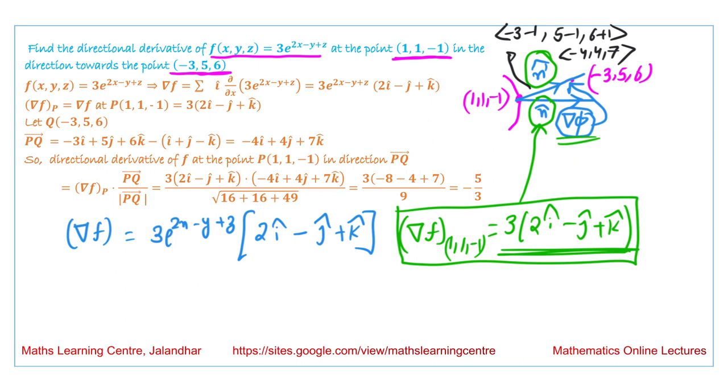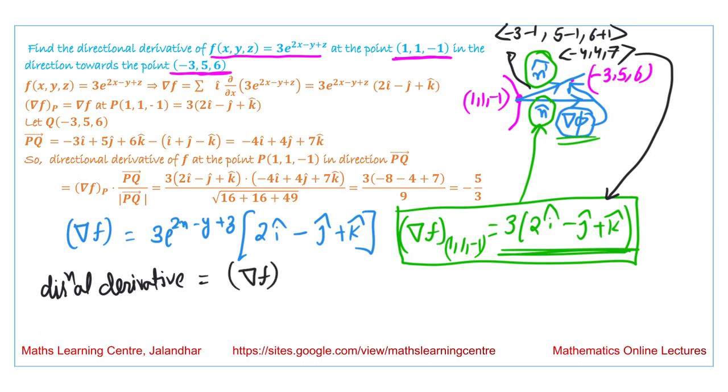The projection of this gradient along this direction will give us the directional derivative, which is the gradient of f at P dot the PQ vector over the length of the PQ vector. This point is P and this point is Q. We require only the direction here.